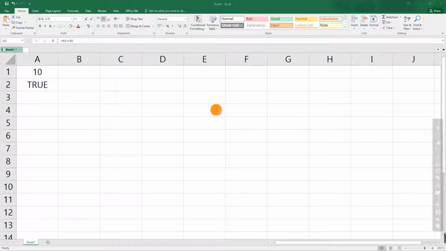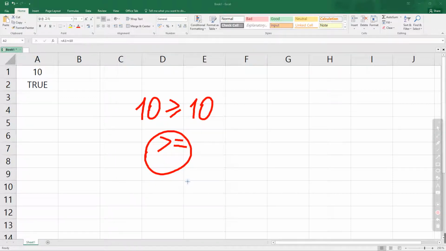So the question is why it happens. Okay, so let me write it here using just some numbers. 10 greater, or so in maths we usually use it this way, right? Equal to 10, right? So it means greater or equal. So this is in Excel, right?